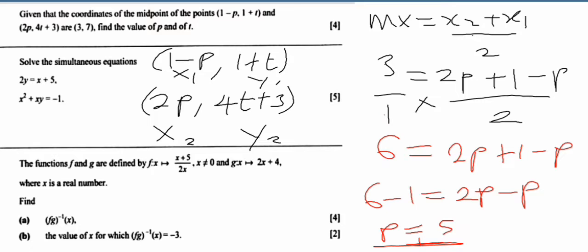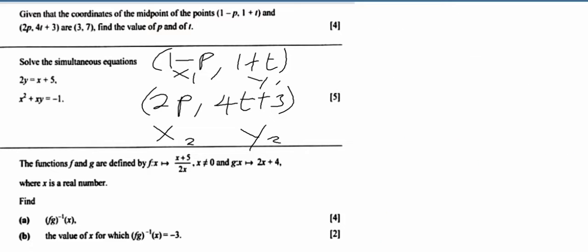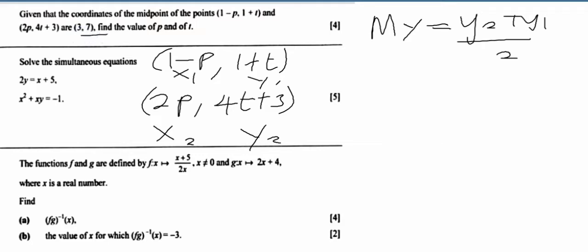Let's find the value of t. So the value of t is given by the midpoint for the y value being equal to (y2 plus y1) divided by 2. So what is our midpoint for the y value? It is this one here, which is 7.